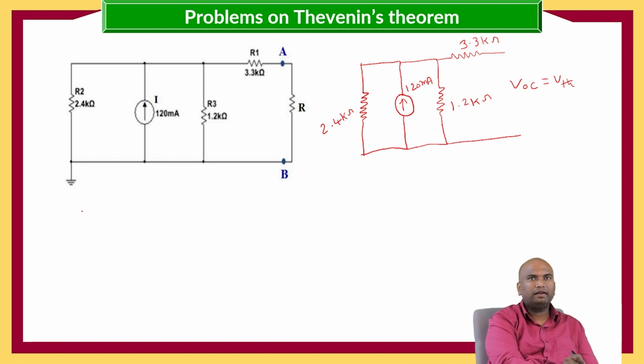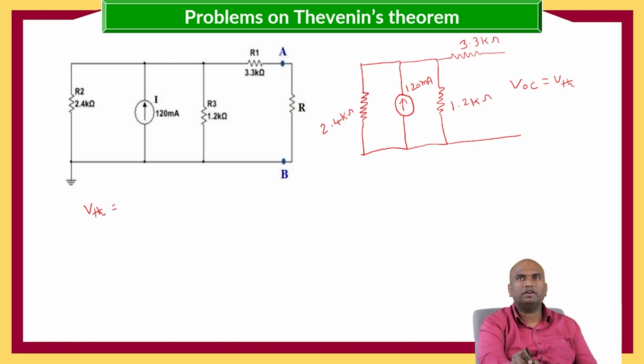Now we need to calculate the VOC. So for calculating the VTH, first we need to check the voltage across which terminal we need to calculate. Here the current is 0. So when the current is 0, there is no voltage drop across the 3.3 kilo ohms.